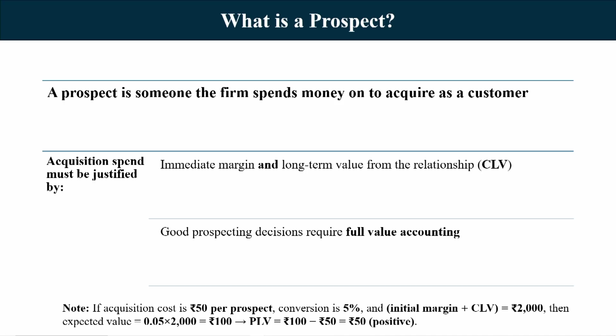Good prospecting decisions require full value accounting. How much expenditure is incurred in broadcasting the advertisement, how much in capturing the sign up data, how much in making calls to the people who have signed up, and how much in nurturing these 500 prospects.